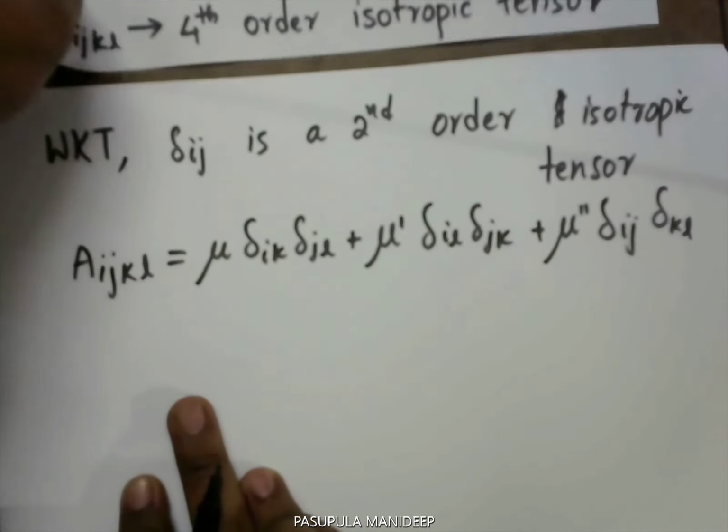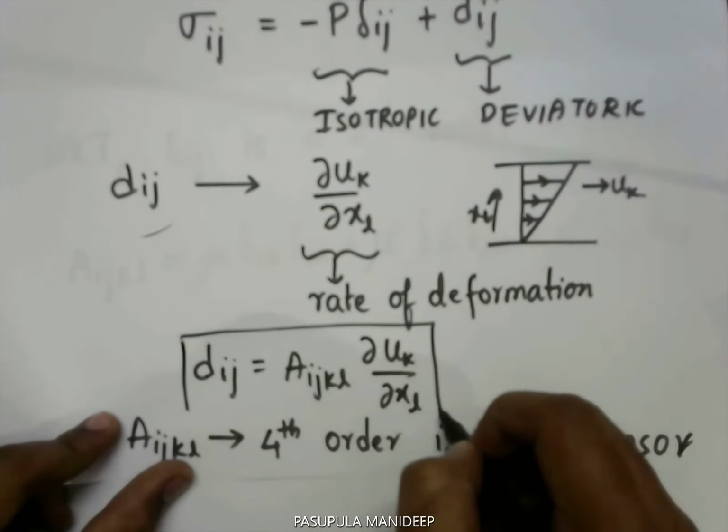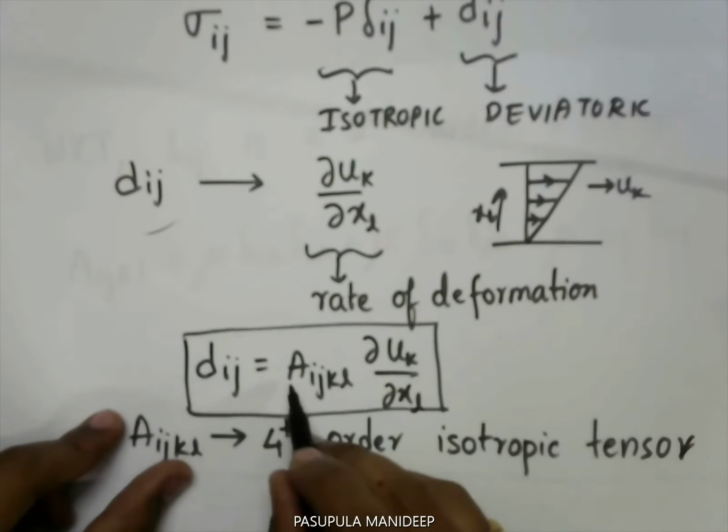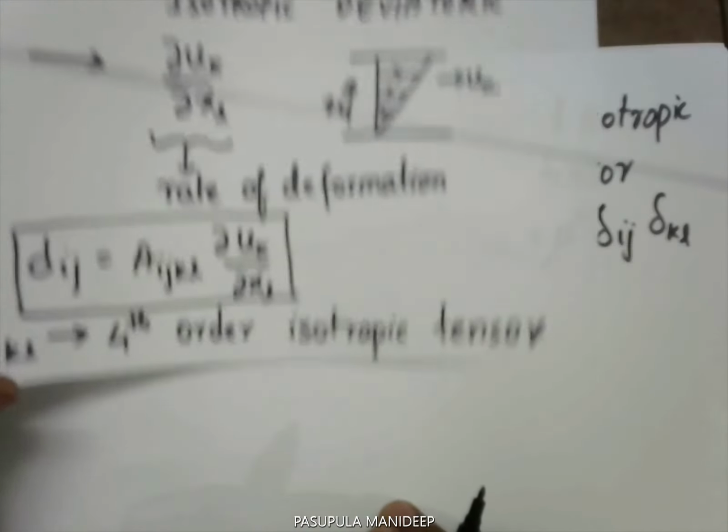Previously we have discussed that d_ij is equal to A_ijkl into del u_k by del x_l, right?